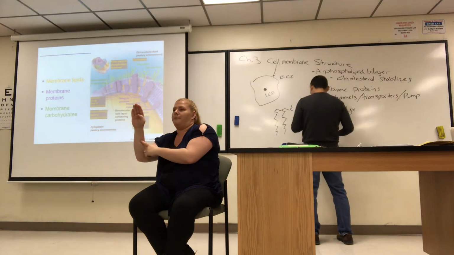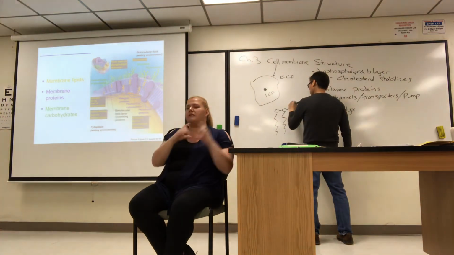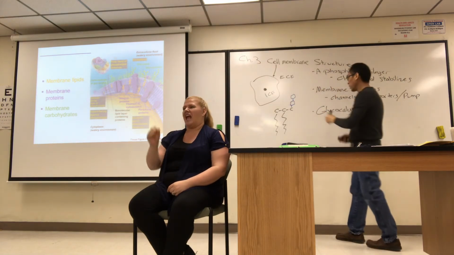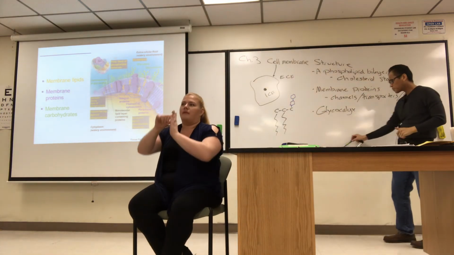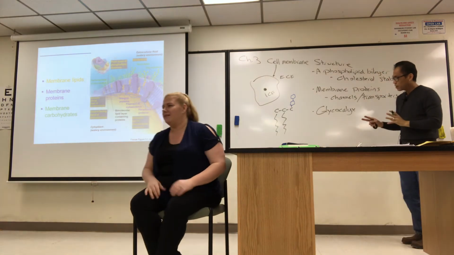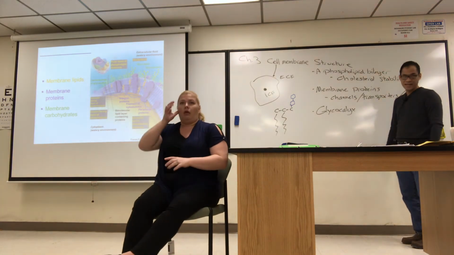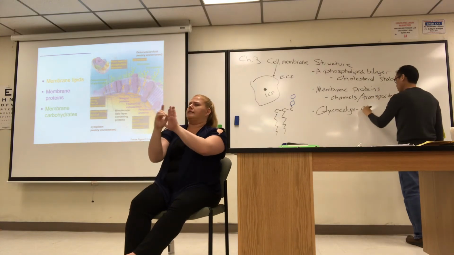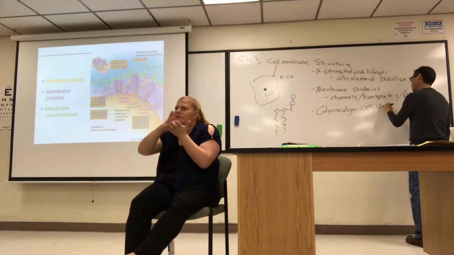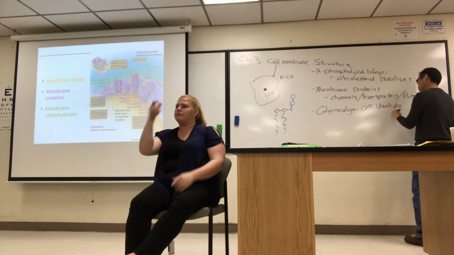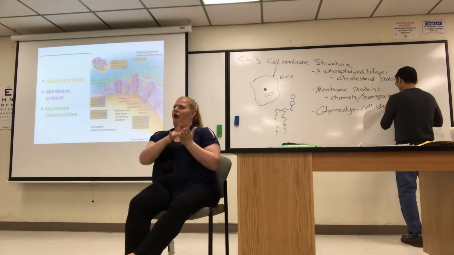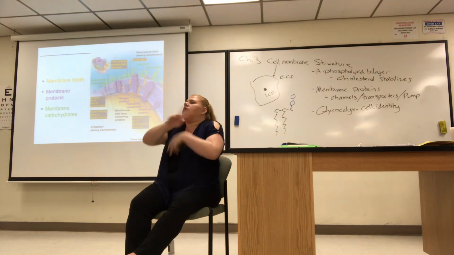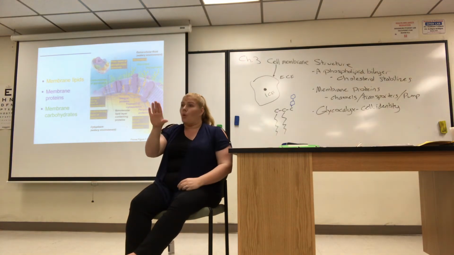I should use, no, I don't have green, but where I drew it blue, they have it green. That's glycocalyx. These actually help in the function of cell identity. It's kind of like a fingerprint for the cell. The identity of a cell, well, basically, you don't want your white blood cells attacking yourself, okay?